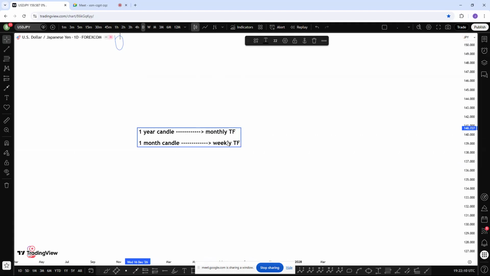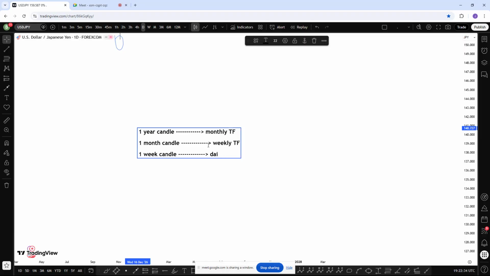This time frame, because we will add more. So for weekly candle, 1 week candle, make sure you use daily time frame.